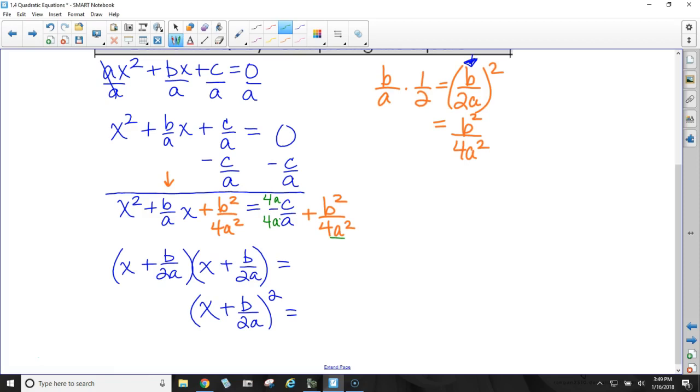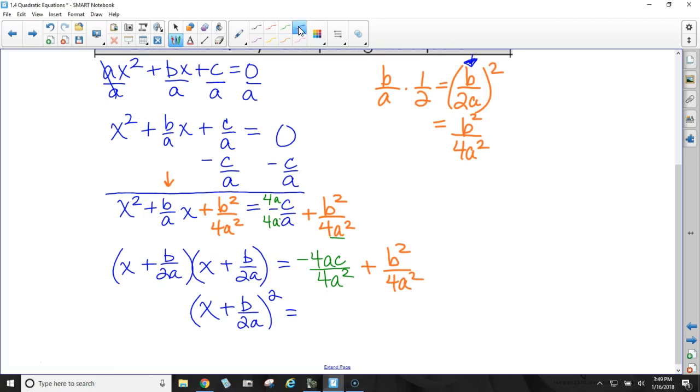Now 4a times a negative c is negative 4ac over the 4a squared. That's just another way to write negative c over a. It's built up, but it's the same thing. And we are going to add that to b squared over 4a squared.